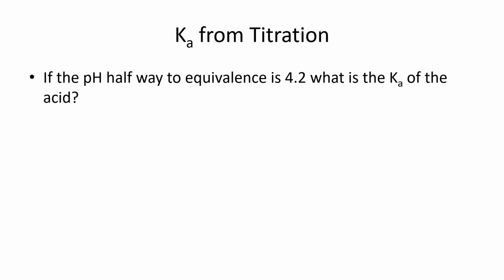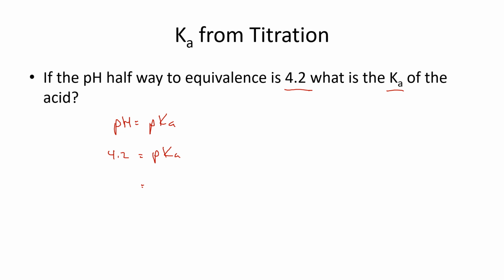Alrighty, so from a titration, once you've plotted it all out, you might see that the pH halfway to the equivalence point was 4.2 and want to find out what the equilibrium constant is for that acid. So at that point, pH will equal the pKa, and so that means 4.2 equals the pKa. And so if you want the Ka from the pKa, it's the same as getting the hydrogen concentration from the pH.